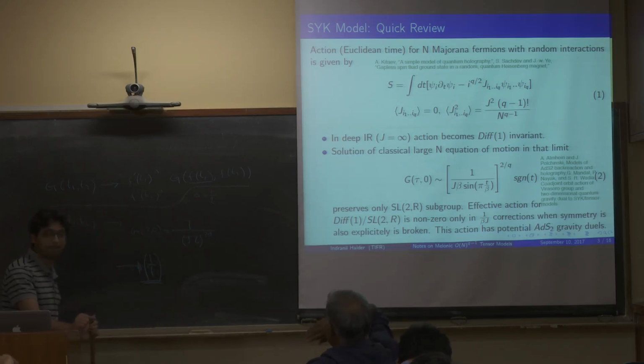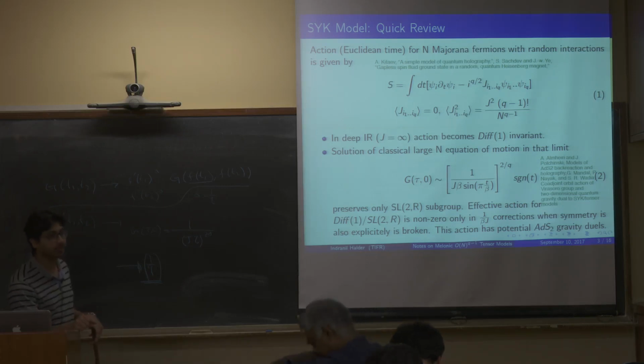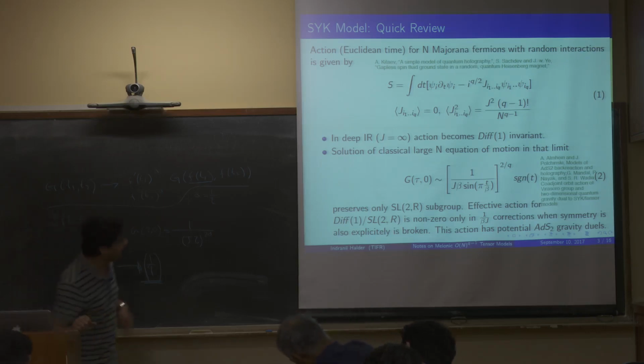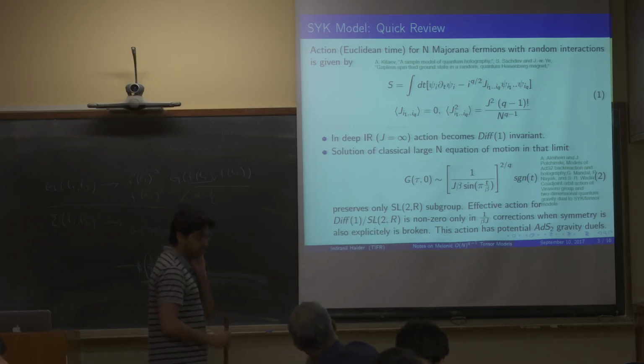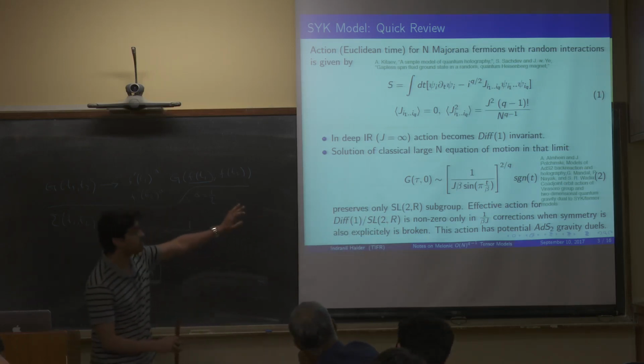It's like in 2D CFT, the Virasoro algebra is broken, and the vacuum preserves only an SL(2). The action has this symmetry, but the classical solution has broken it. Then you expect that if you take the action for the deformed coset by SL(2,R), you will get something non-zero even at j going to infinity, but explicit calculation shows that this is not the case.